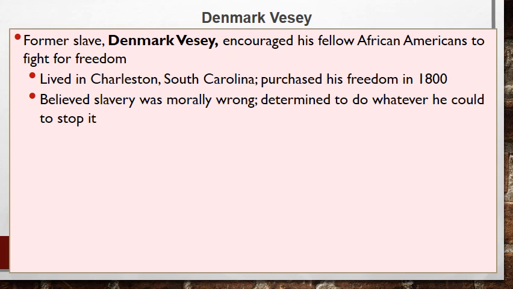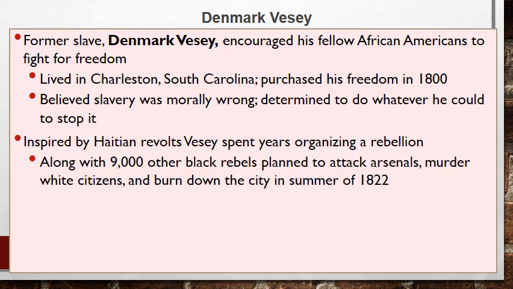So he possibly planned a revolt in 1822 that was inspired by revolts in Haiti. The plan was supposed to be an attack on the city, which would be burned to the ground, the white citizens would be murdered, and then he and all the people that were freed would go to the Caribbean and join the Haitian rebels.